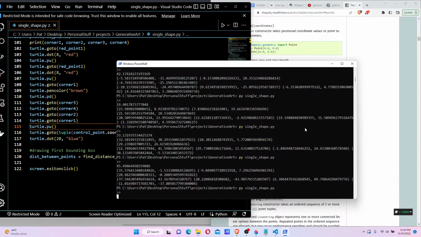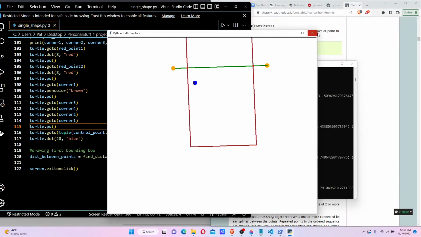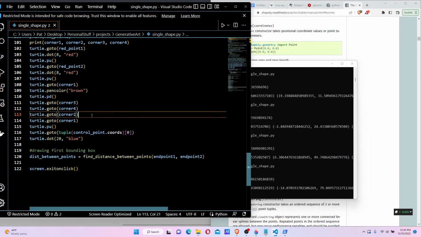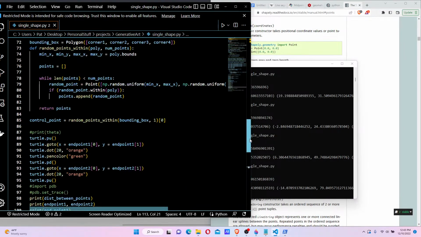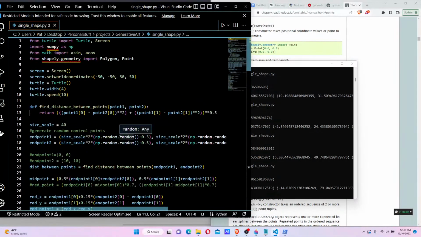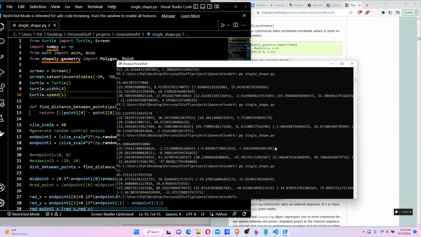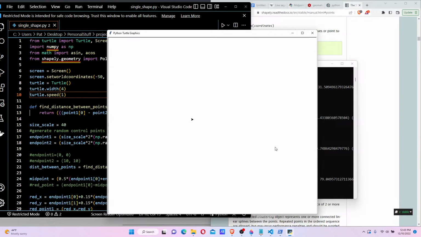So now we have code that, well, I'll make it slower so it's nicer to look at. Speed should be 1. Okay, now I have code.